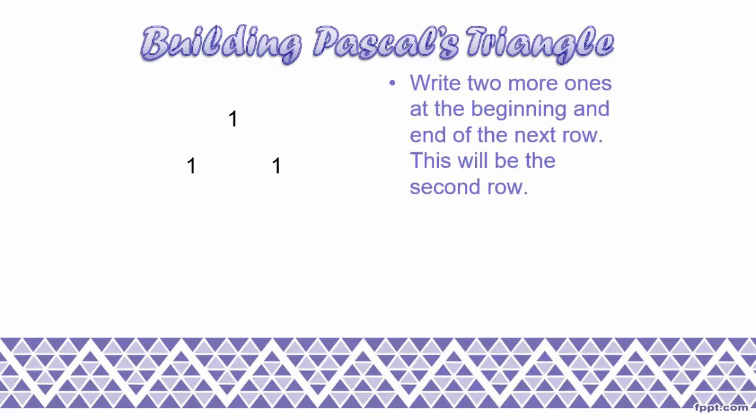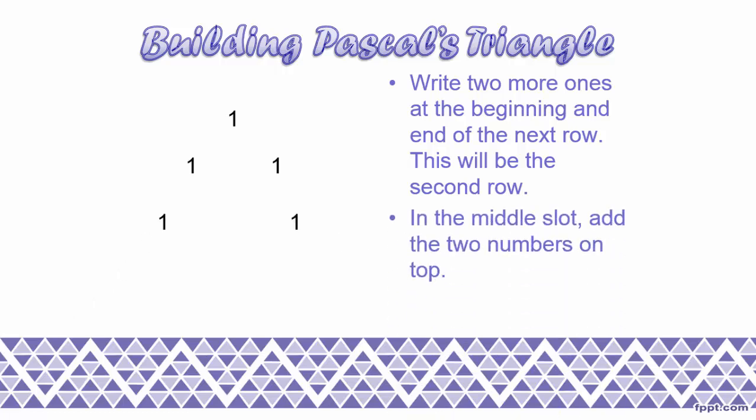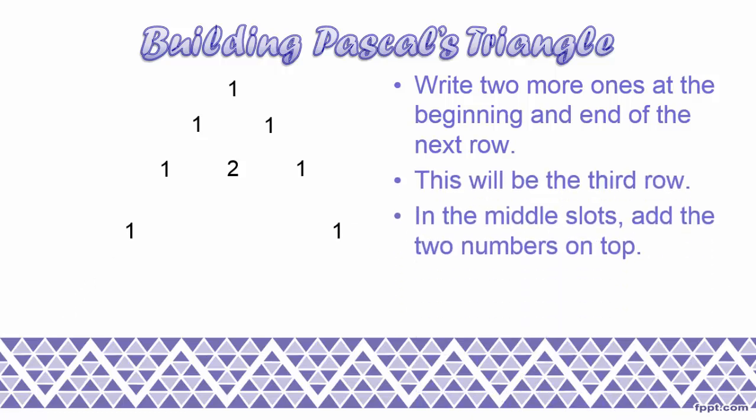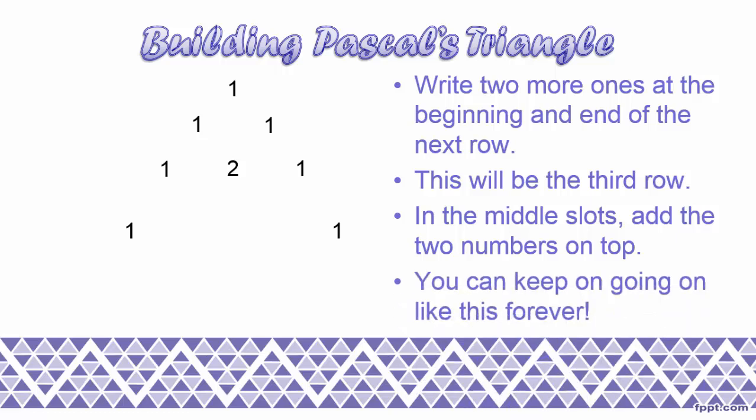Write 2 more 1s at the beginning and end of the next row, and this will be the second row. In the middle slot, we add up the 2 numbers on the top. Write 2 more 1s at the beginning and the end of the next row. This will be the third row. In the two middle slots, add up the two numbers on the top. You can keep on going like this forever.